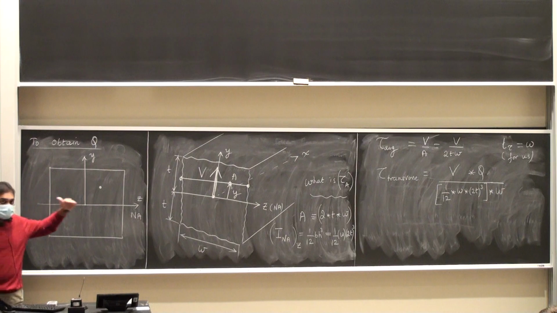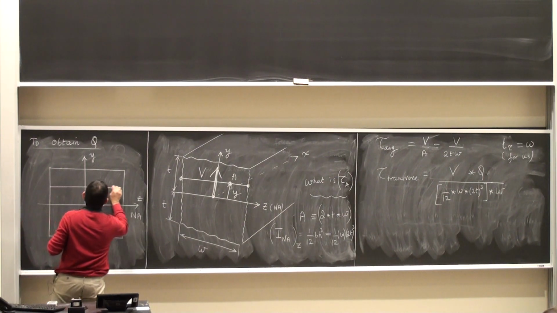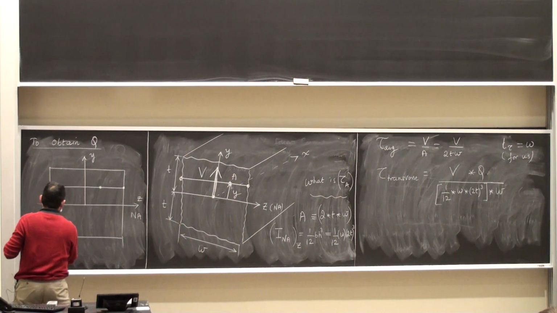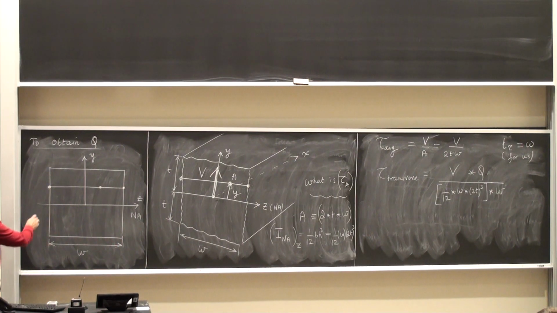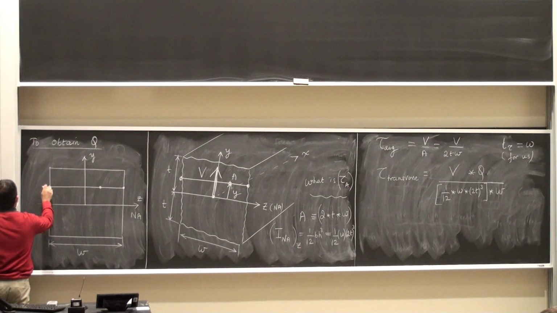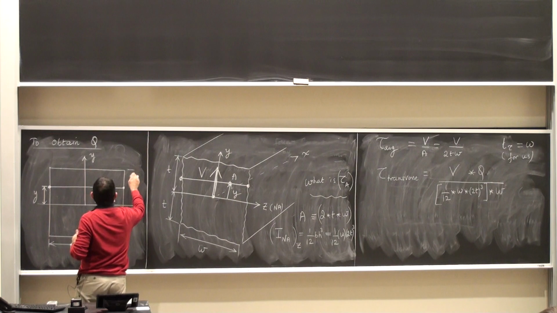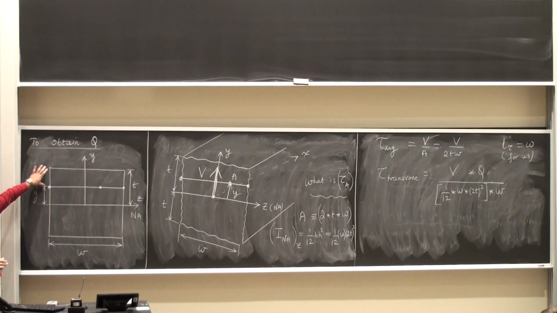I drew that line which was intersecting one end of the cross section all the way to the other. This is W. This distance was y from the neutral axis. The total height from the neutral axis to the top or the bottom end is t, little t. And so, this height is going to be t minus y.